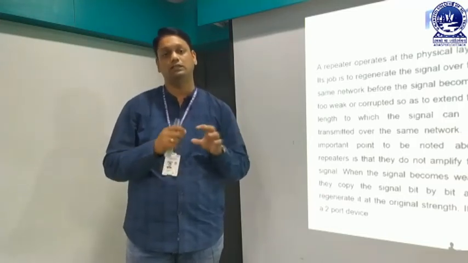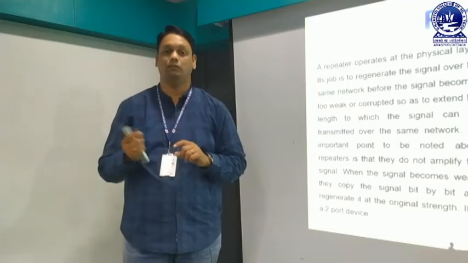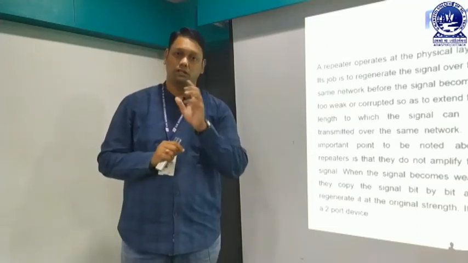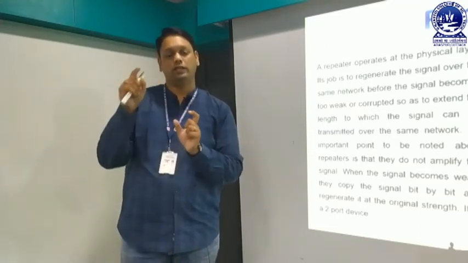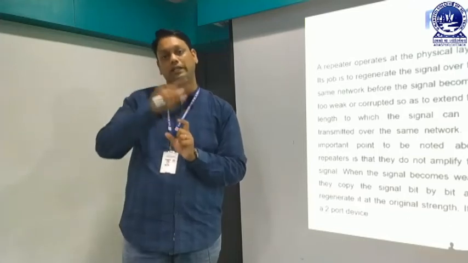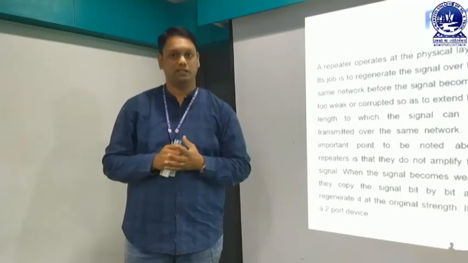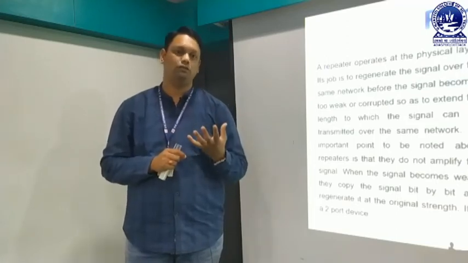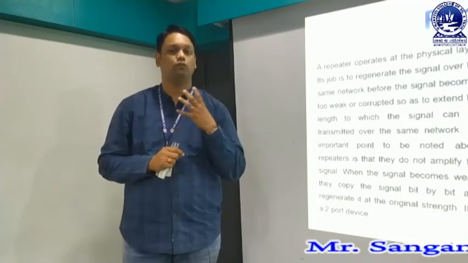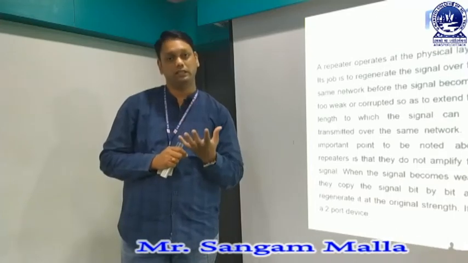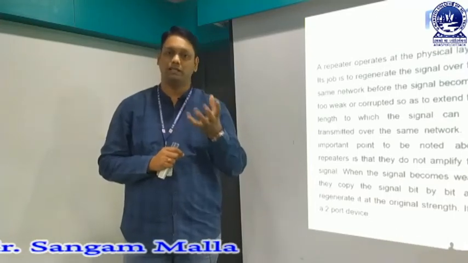Whenever the signal becomes weak, we use the repeater device because it extends the capacity or the energy level of the wave that is being transferred. As we know, every wave has a capacity, that means the energy level at which it is sent and received.